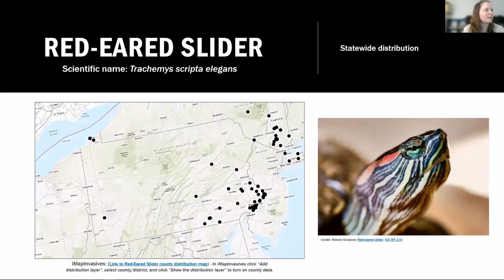The red-eared slider is getting introduced to more and more places. We know it's getting to be more common in Eastern Pennsylvania and some of the Central Pennsylvania waterways as well, and has been reported from the Pittsburgh and Presque Isle Bay area near Erie, Pennsylvania. So that's one to watch for. Next slide, please.